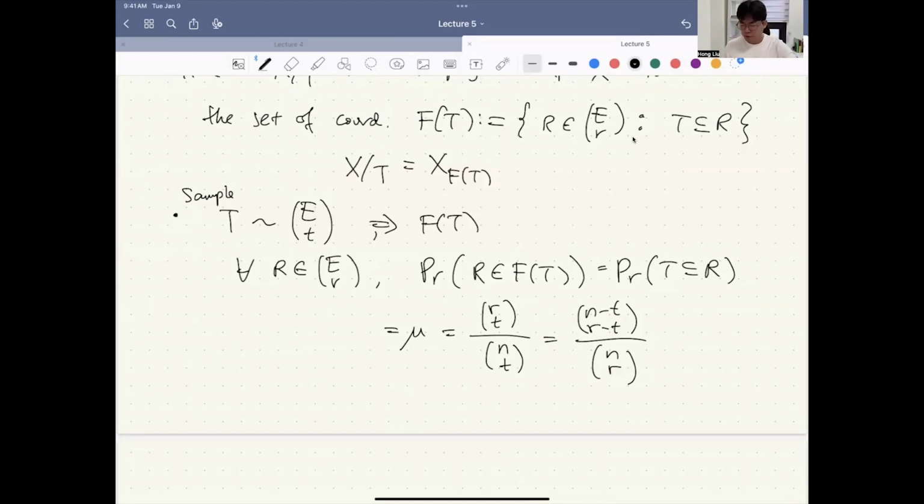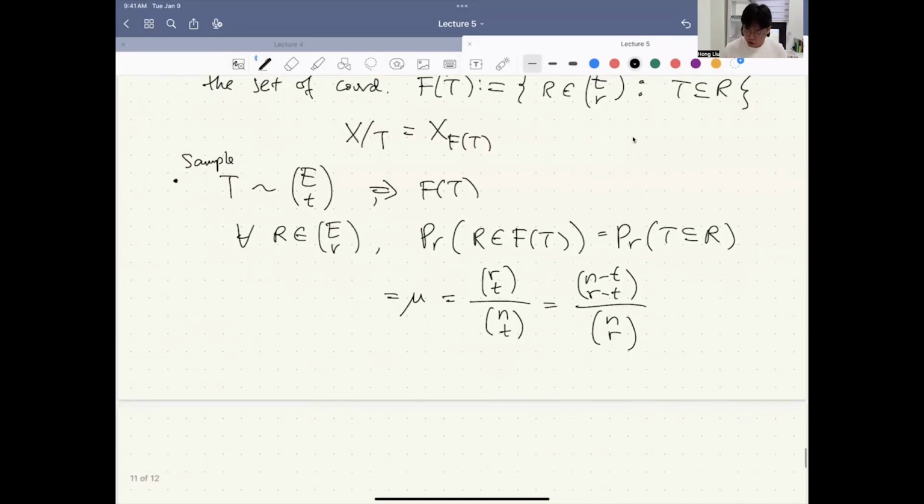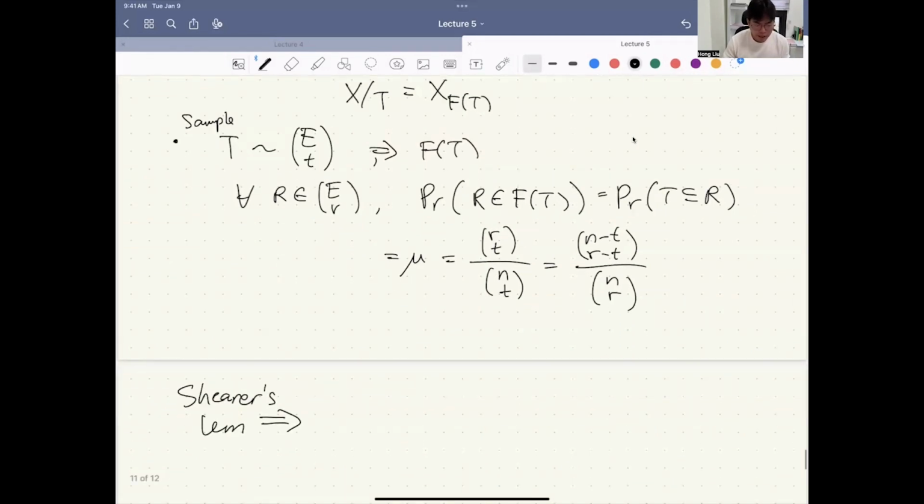We have the atom probability for each coordinate by Schur's lemma. We now have the entropy of X. Remember, the entropy of X is this guy.